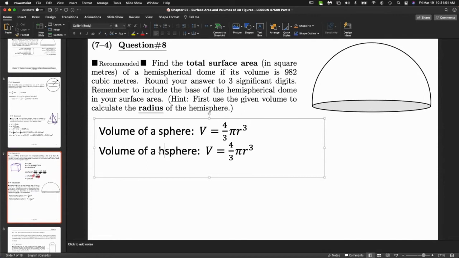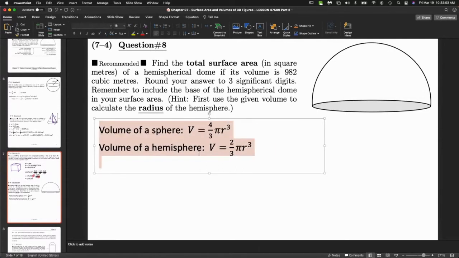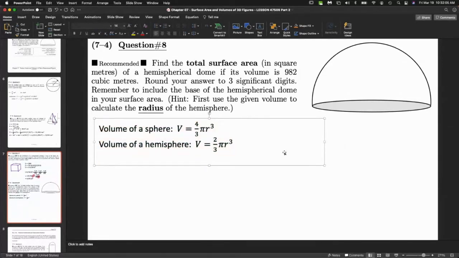So we have a hemisphere, and spell it today, hemisphere. So what you're going to do is put a 2 on the bottom because it's half of a sphere. And this is the departure point for doing the question. So we're not using the table exactly. We're going to be using this formula. Let's highlight that maybe in red or something here. And we're going to find now how to proceed.